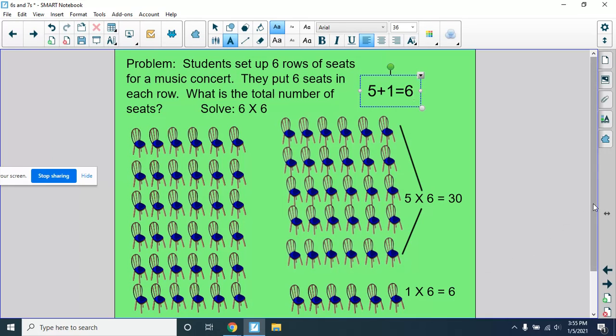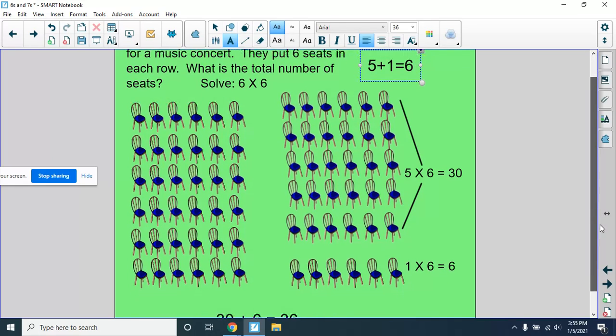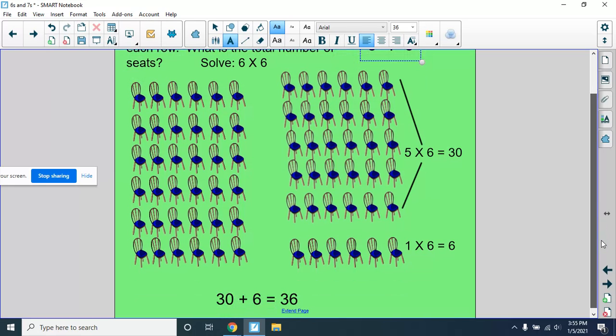And our 5s and our 1s are pretty easy. And when we do that, we get 30 plus 6 equals 36. So to multiply by 6, we can use our 2s and do it 3 times, or we can use our 5s and our 1s. Just another way of helping us do our 6s.